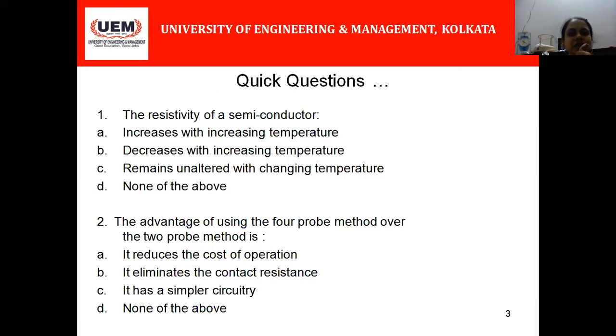The first question is the resistivity of a semiconductor. These are the 4 choices. Choose the correct one. The next is the advantage of using the 4 probe method over the 2 probe method is, again, you are given 4 options. Please choose the correct one.